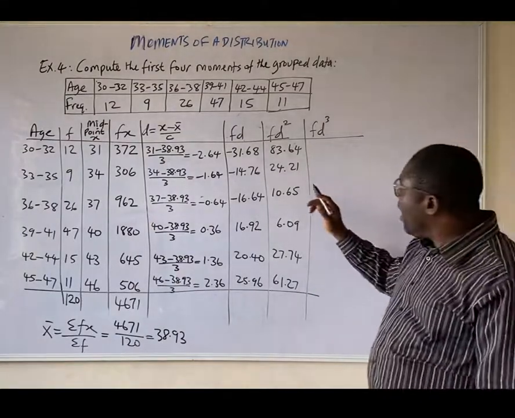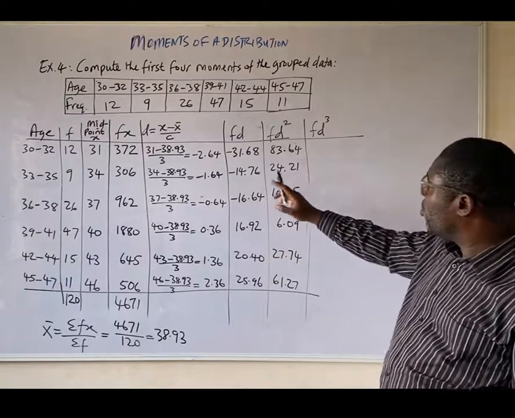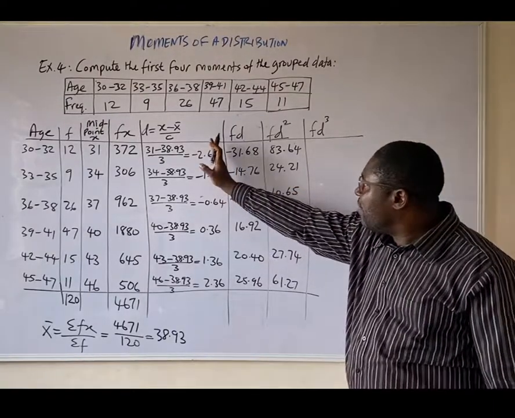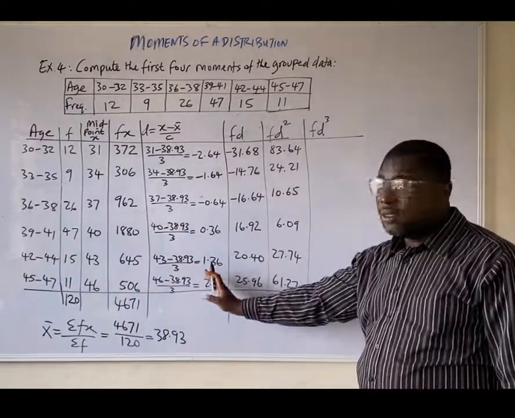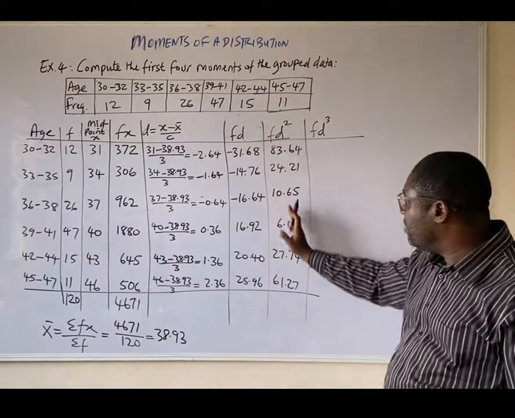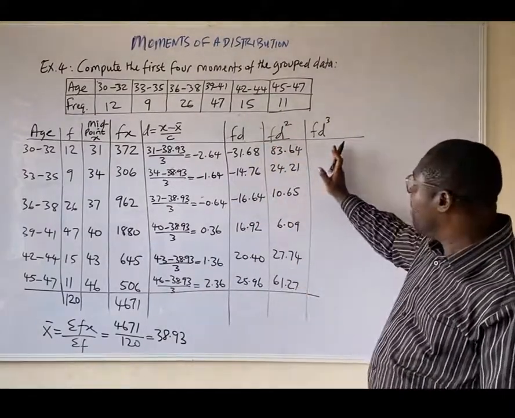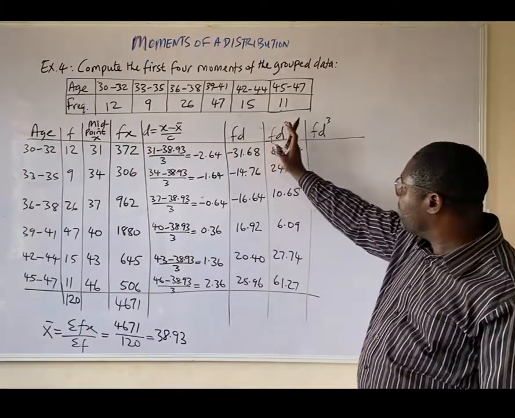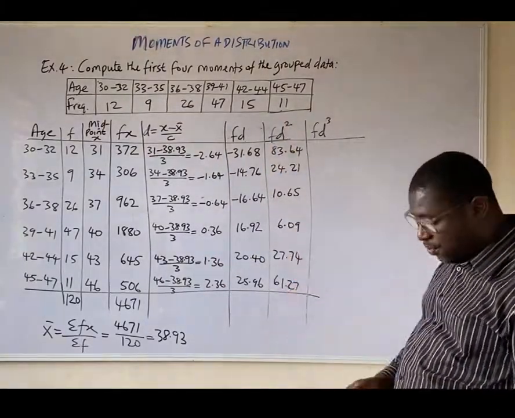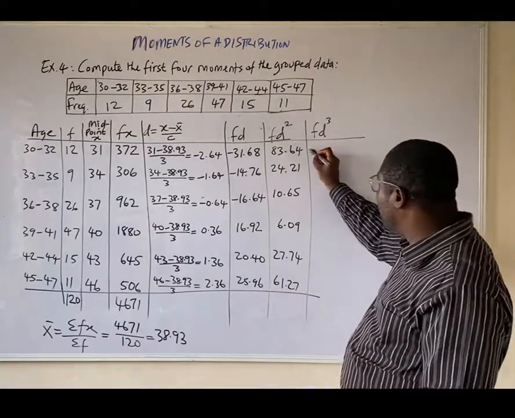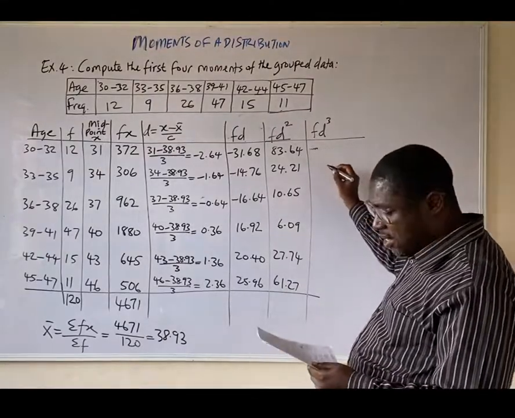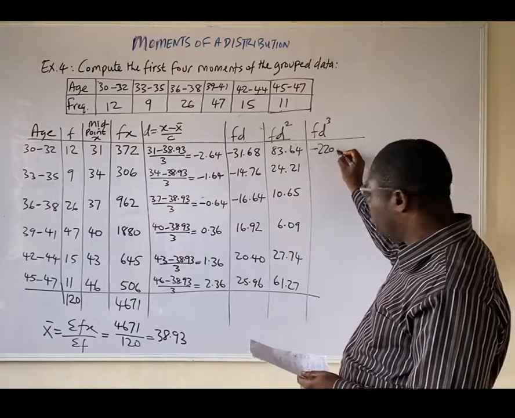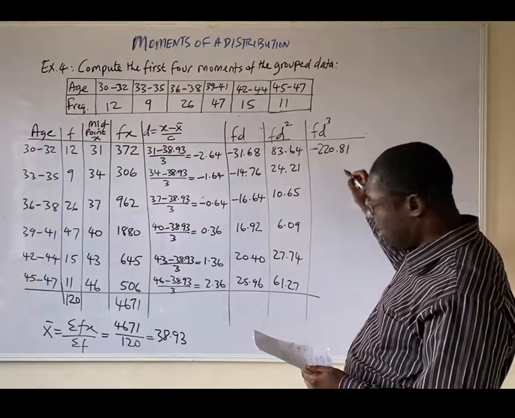All right, so what we have now is to multiply the value of D times the value of Fd raised to power 2 to get Fd raised to power 3. The value of D times the value of Fd raised to power 2. The first one is minus 220.81.